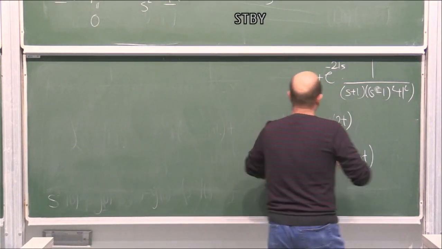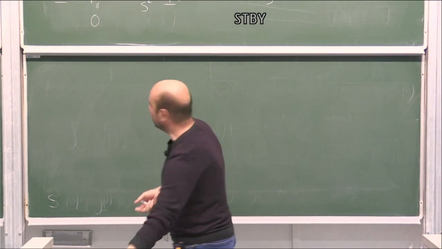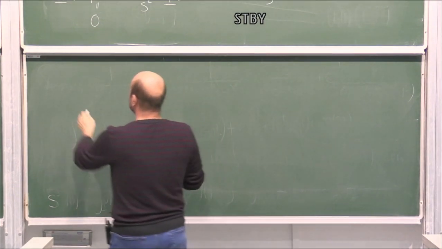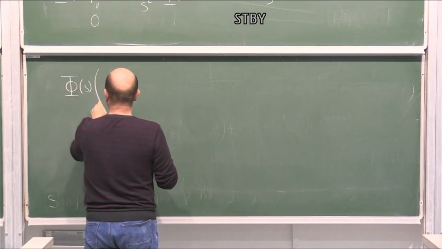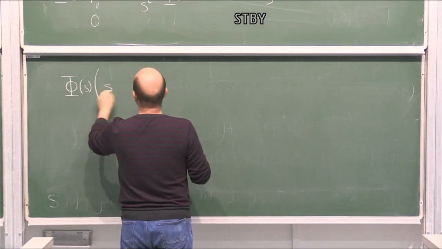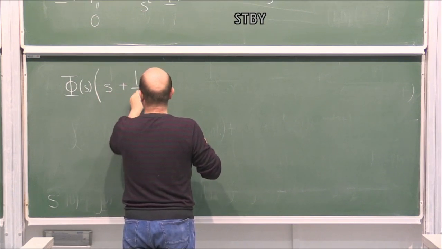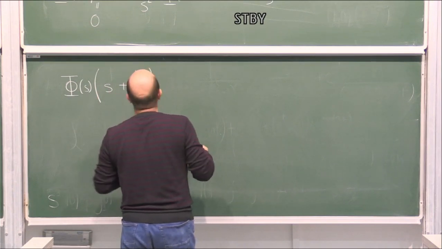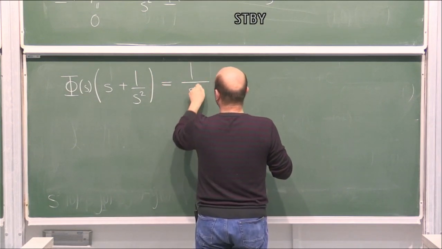If you take capital Phi of s, then what do we see? We see the following: Phi of s times (s plus 1 over s squared) on one side. The other side, we see 1 over s squared.